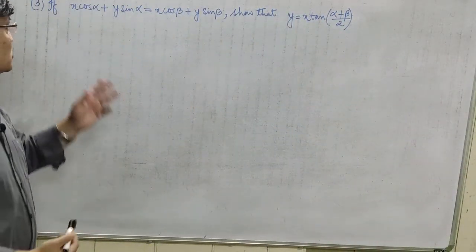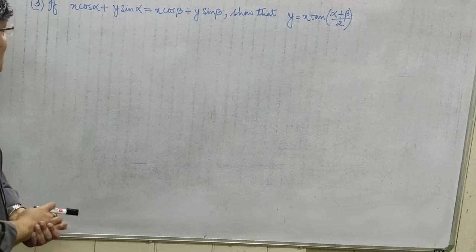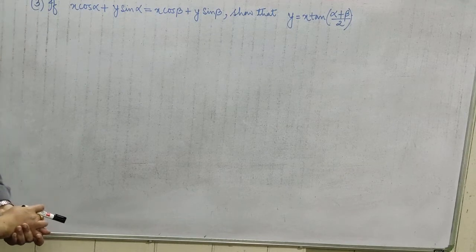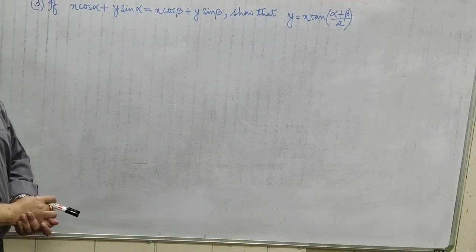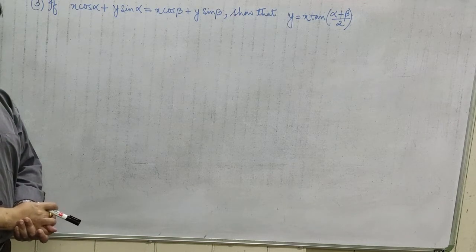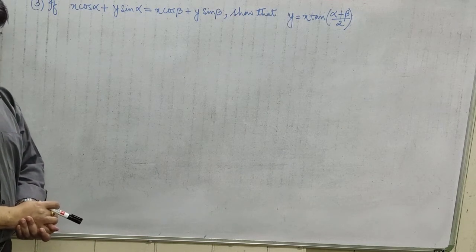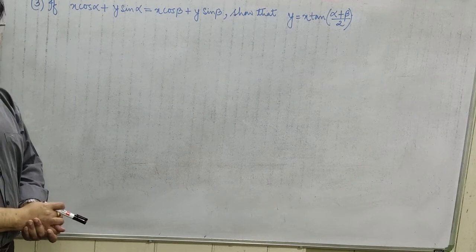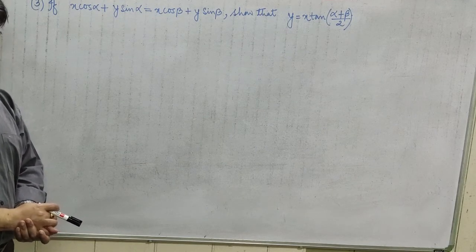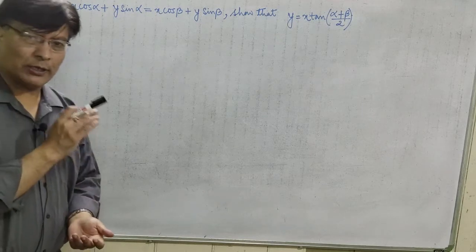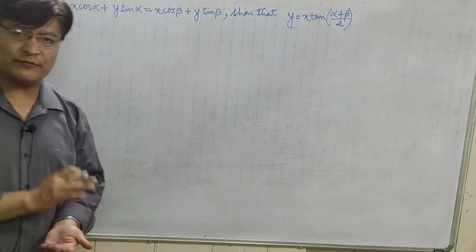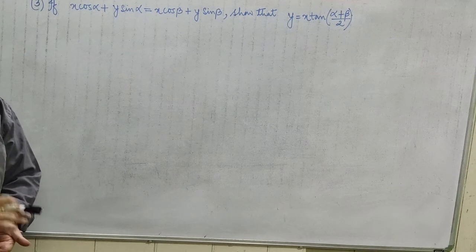So now let's do this question number 3. If x cos alpha plus y sin alpha is equal to x cos beta plus y sin beta, then prove that y is equal to x tan of within bracket alpha plus beta by 2. You have to get the value for y in terms of x, alpha and beta.